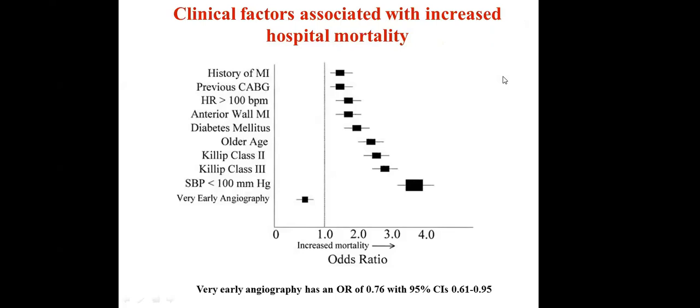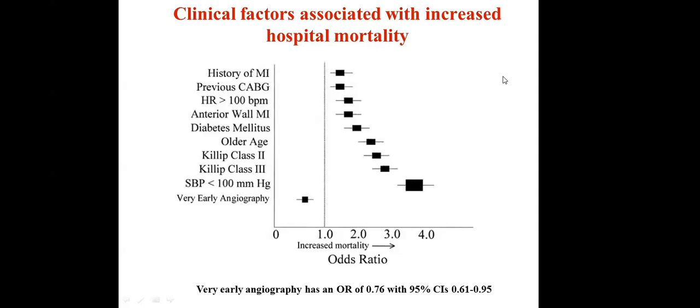Each of these variables that was predictive, with an odds ratio different from 1, is plotted here, and all those variables make sense to cardiologists, in that those things would be bad if you had them. And then early angiography, as you can see, is on the left of that 1.0 odds ratio. It's protective, with an odds ratio of 0.76 and a significant confidence interval. And that's adjusted for those things.